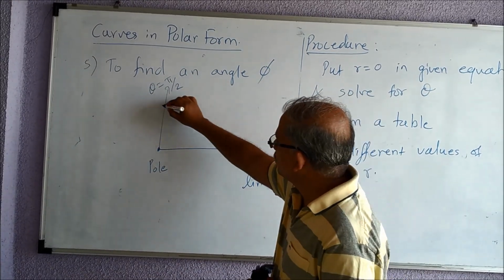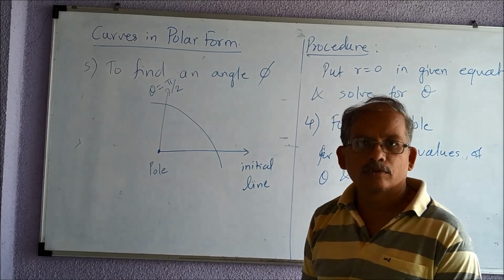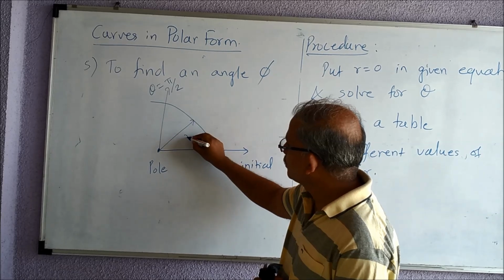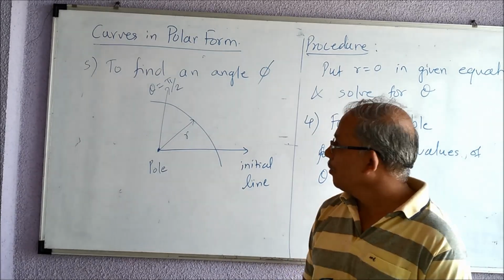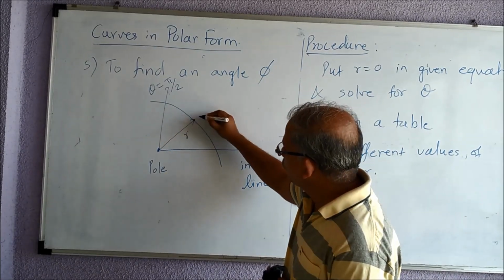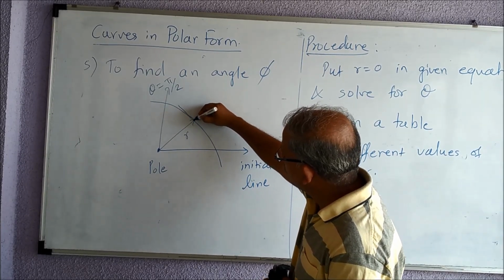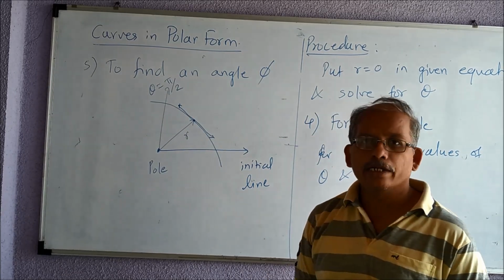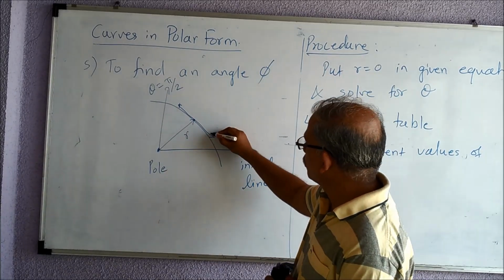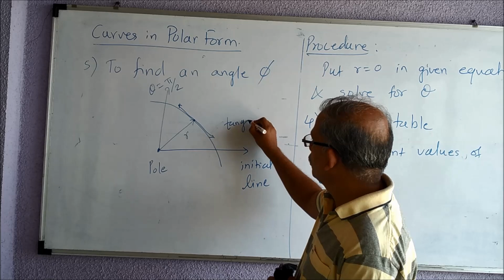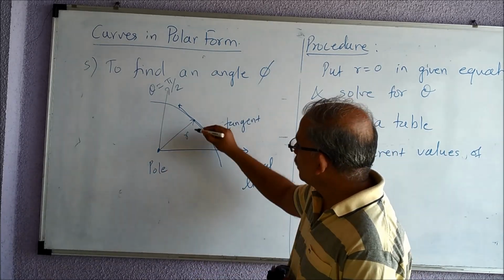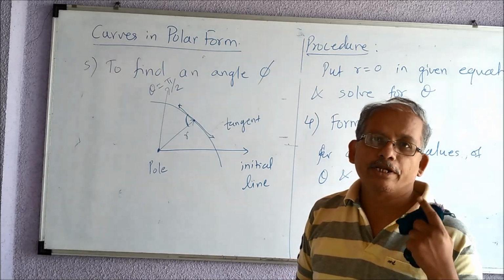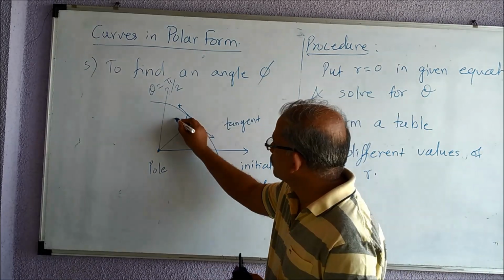Suppose there is a curve like this, and this is the radius vector r. At this point you draw a tangent to the curve. The angle between the radius vector and the tangent is called phi.